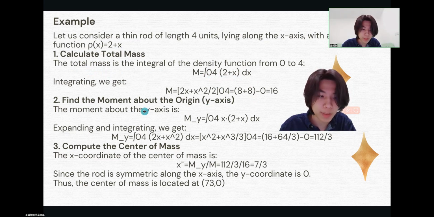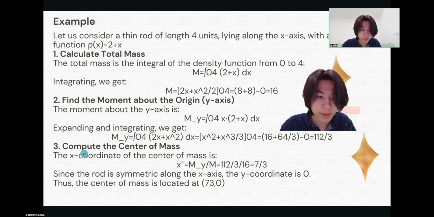Next, we find the moment about the origin, which is the y-axis. The moment about the y-axis is the integral from 0 to 4 of x times 2 plus x with respect to x. After solving, this equals 112 divided by 3.